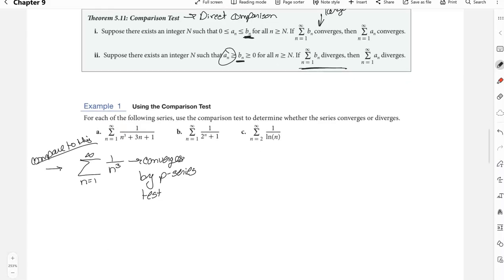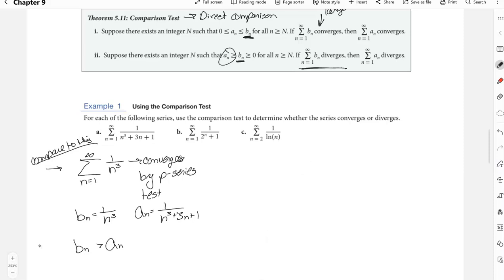Also notice that, and I'll say b sub n here equals 1 over n cubed. A sub n is 1 over n cubed plus 3n plus 1. My b sub n values are going to be larger than my a sub n, because that denominator is smaller here than it is for a sub n.